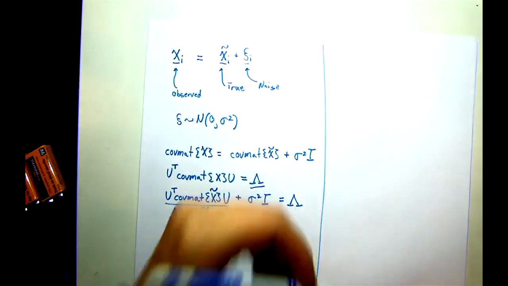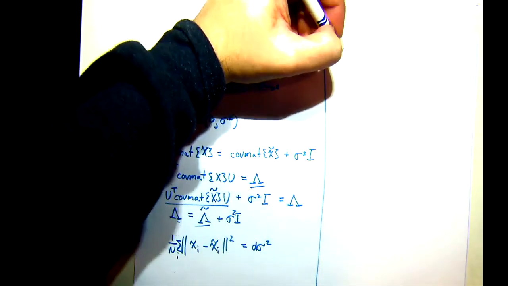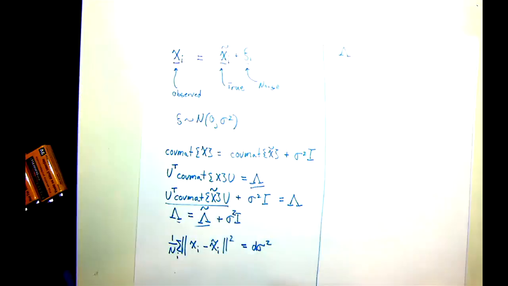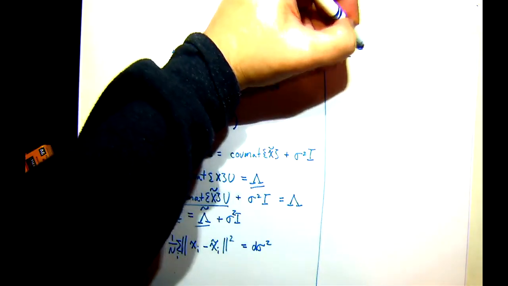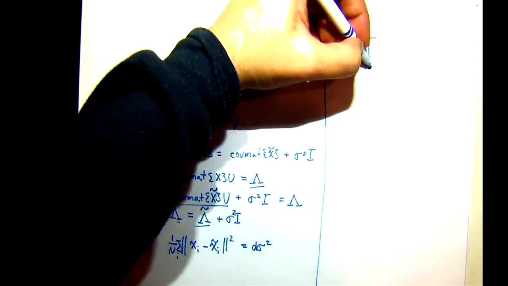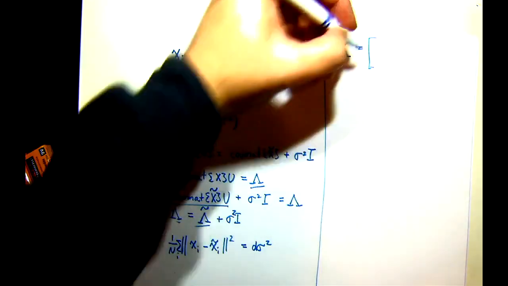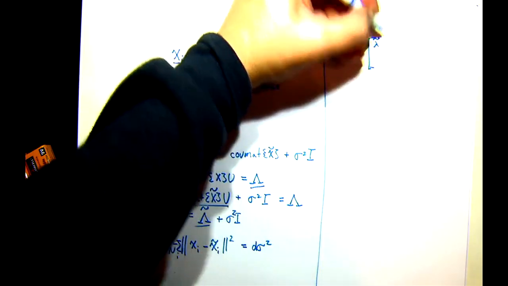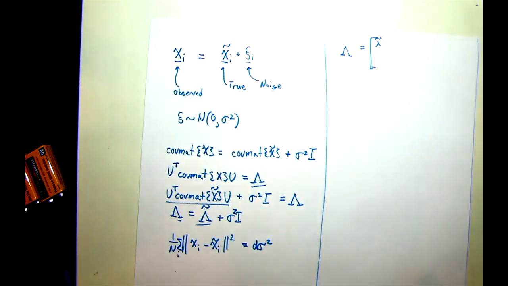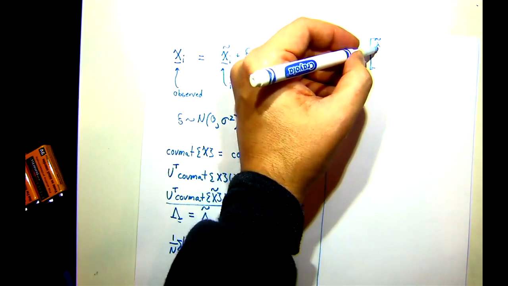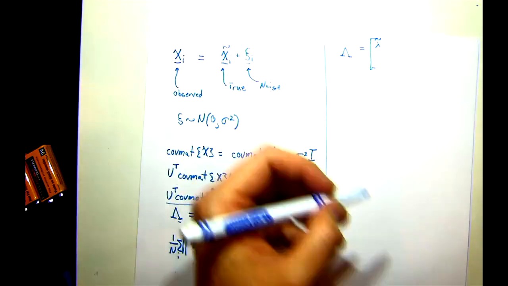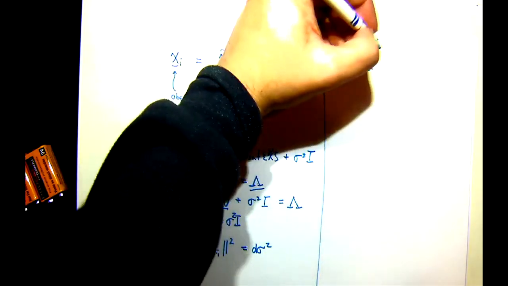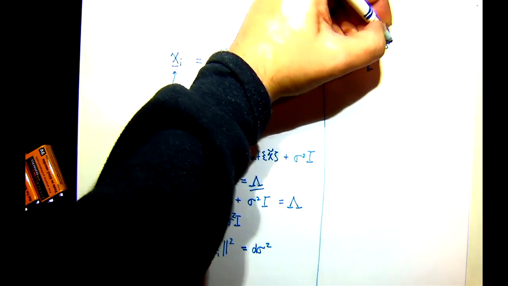Now, I'm going to want to keep that there, so I'm going to put this over here. We can look at this matrix, which is going to have the eigenvectors, the lambda eigenvectors, equal to the individual tilde lambda plus the noise.